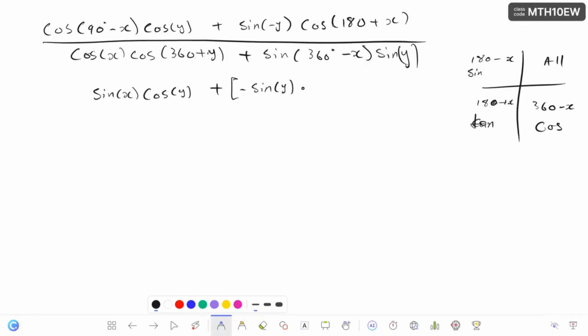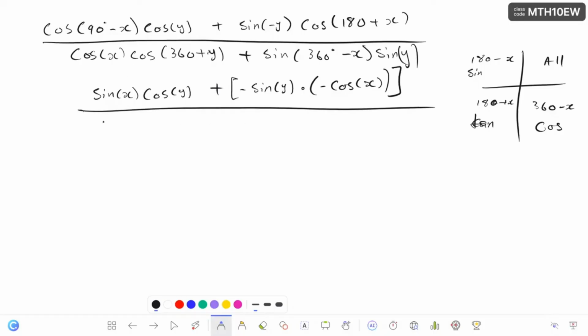So here we see that this one belongs to the third quadrant, and cos is negative, so we're going to say negative cos x all over cos of x. This one, since it's going to the first quadrant, is going to be cos y plus.